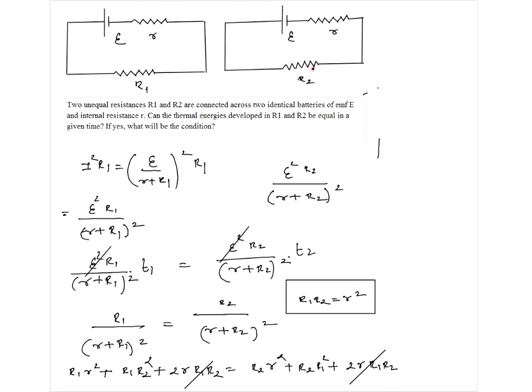Resistances are different. So how are they giving the same energy then? If resistances are different, how are they giving the same energy? So what's happening?